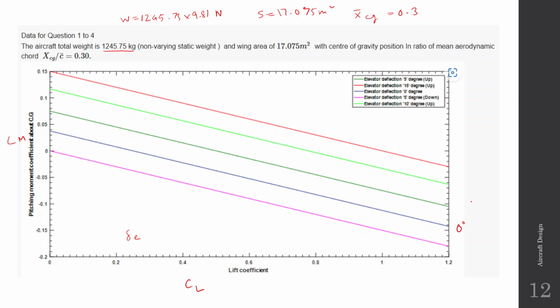Okay, and as you move up, this is for negative elevator deflection and this is for positive. So this is plus 5 degree, this is minus 5 degree, this is minus 10 degree, and this is minus 15 degree.